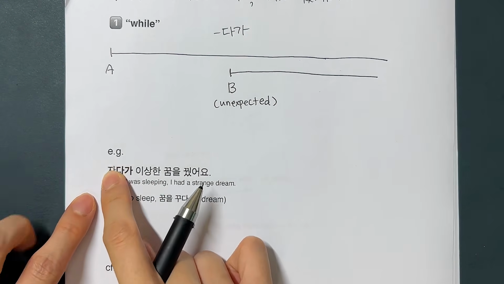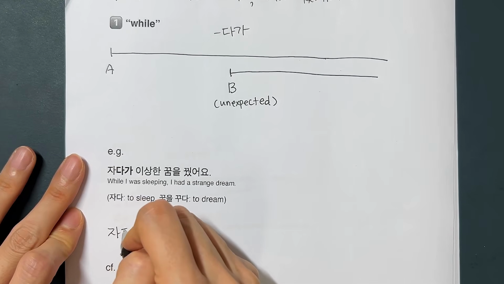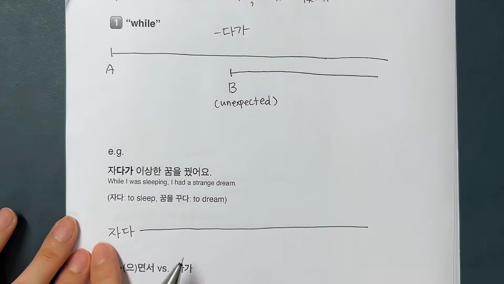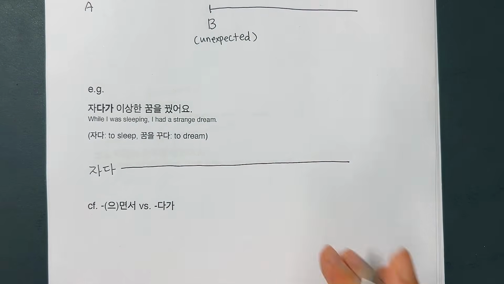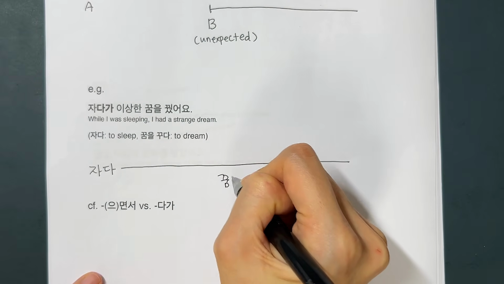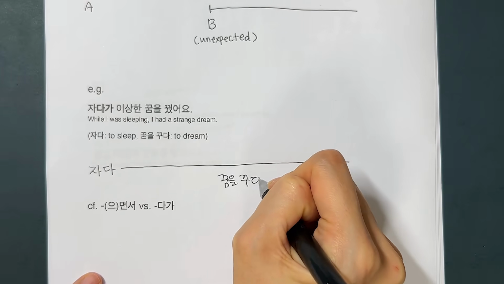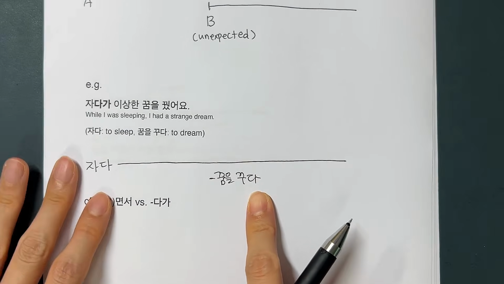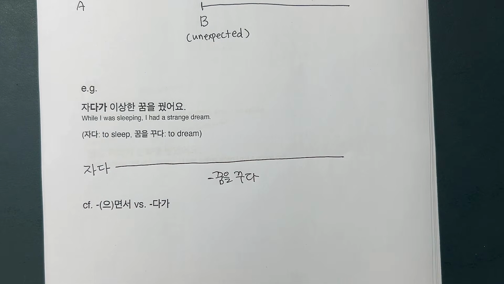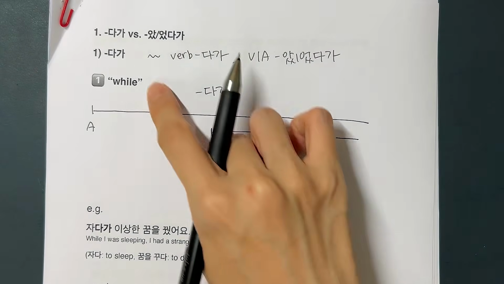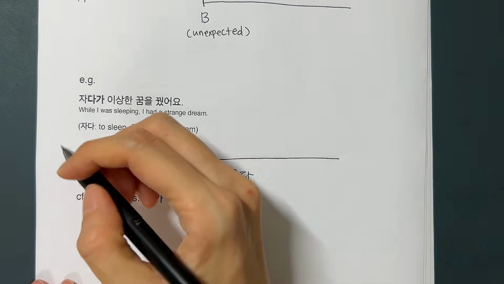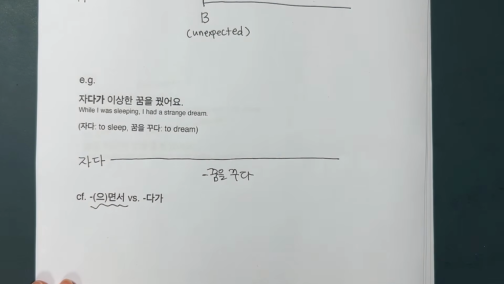So the first example, 다가 expresses this exact thing. The act of sleeping, 자다, starts first, and then at some point while sleeping, the person starts to dream. So you can connect 자다 and 꿈을 꾸다 using 다가. In English, it can often be translated as "while," and you might be wondering if you could also use the conjunction 으면서 interchangeably with 다가 in this context.